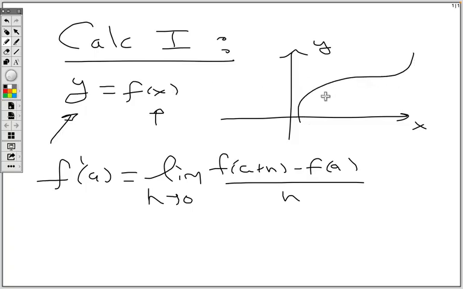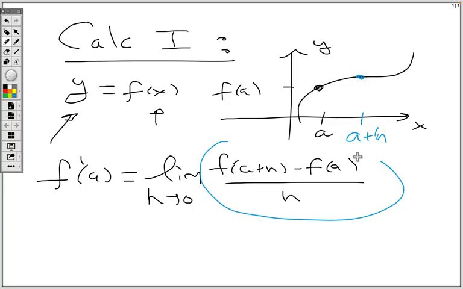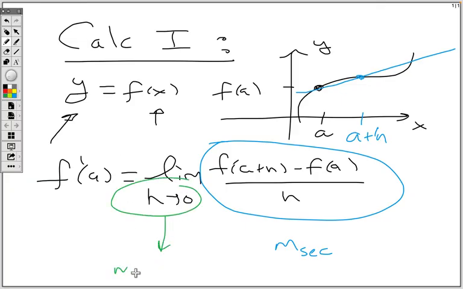We've got our function here. We've got our particular point a we're looking at. And if we move over to some value a plus h, the difference quotient here is the slope of the secant line. And as h went to 0, this would produce the slope of the tangent line, provided that limit existed.